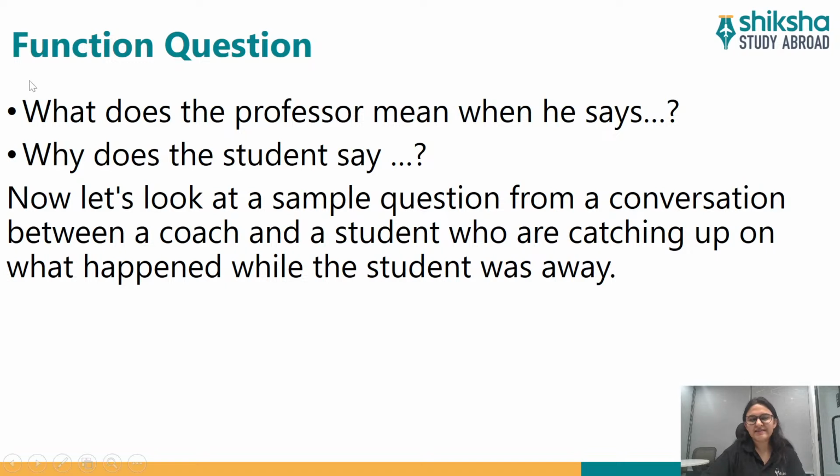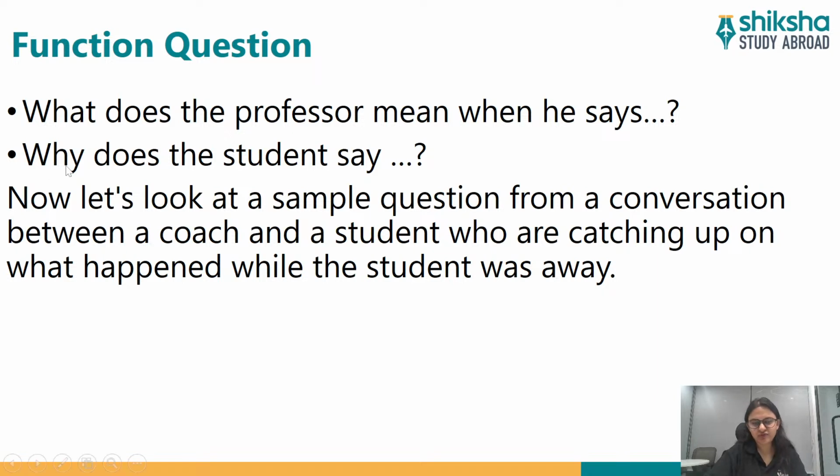Okay. So lastly, we come to the fourth question of the listening module today in the TOEFL exam. This question is known as a function question. These questions might look like this, guys: what does the professor mean when he says, and so on? The question continues. So this is one recognition point, this is how you can recognize that this is a function question.